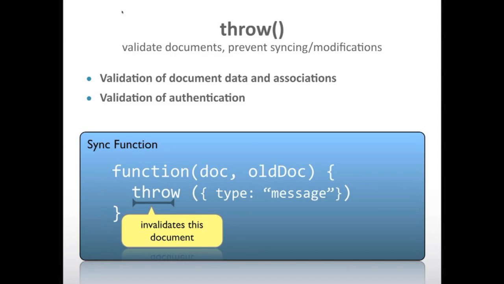If someone has rooted their Android phone, for instance, and is trying to modify documents, this is a way to say, this user hasn't been authenticated, so we can't take these modifications. So those documents will not be saved, and any access or channel associations will also not be saved if a throw command is called within this sync function.